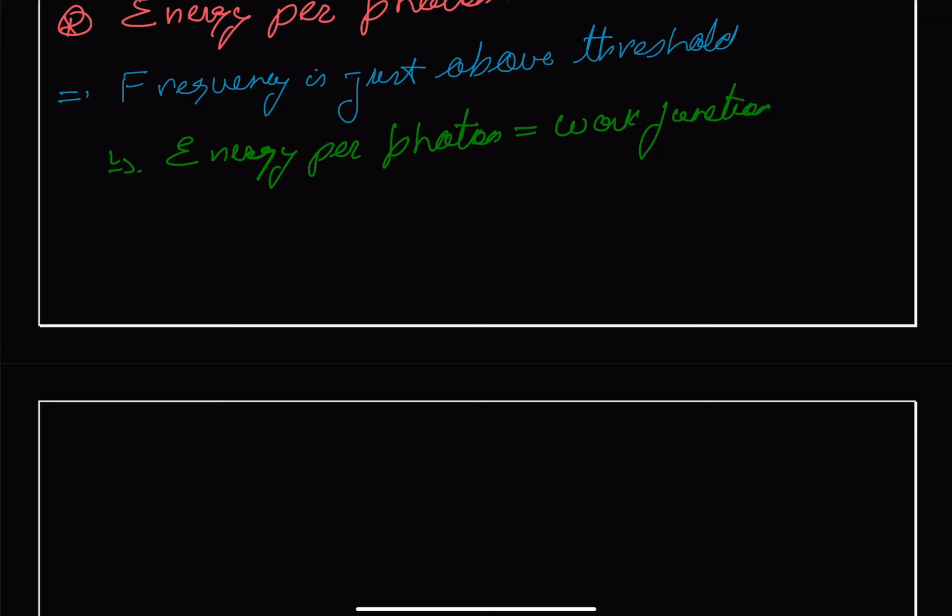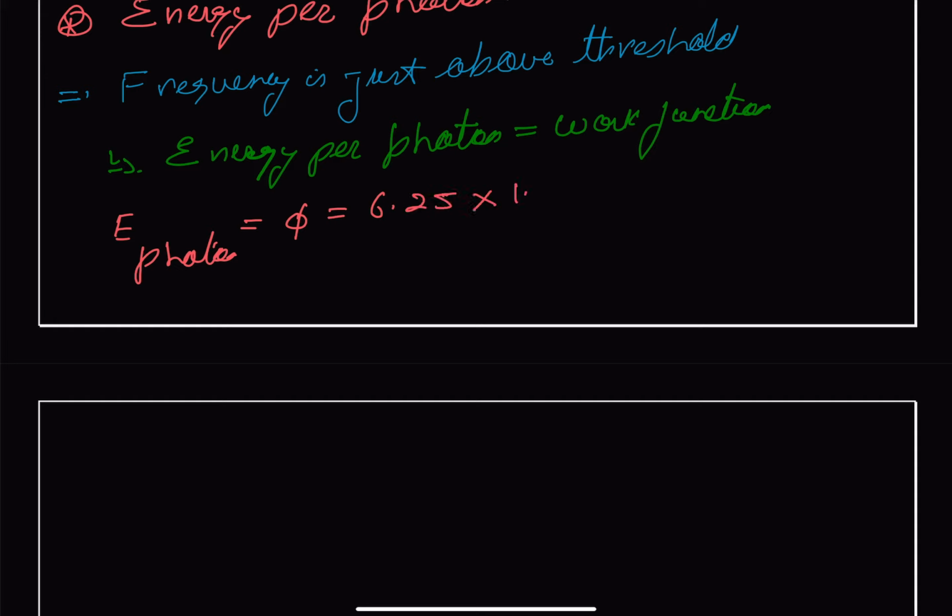Therefore, we can write that the energy associated with a photon is equal to our work function, which is 6.25 electron volt.